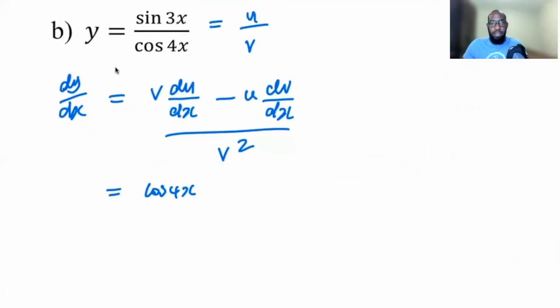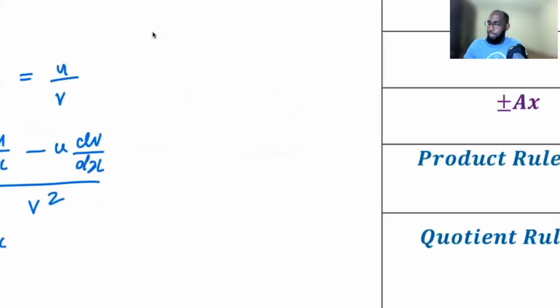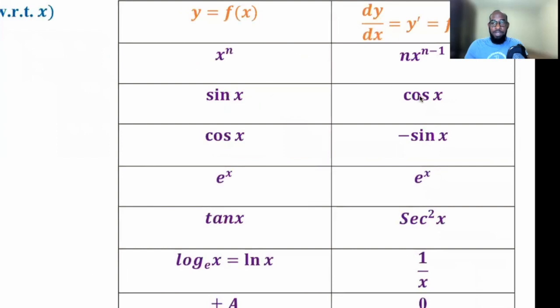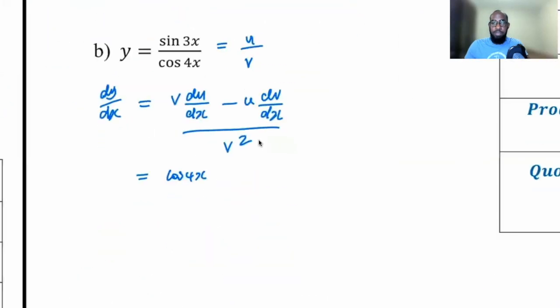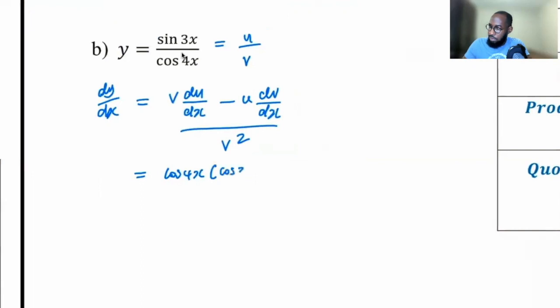And if I have to differentiate u, the differential of sine 3x, just to remind you all, the differential of sine x is cos x. So the differential of sine 3x is cos 3x. And then you differentiate 3x, which is 3, close bracket, minus, I write down my u now, u is sine 3x.